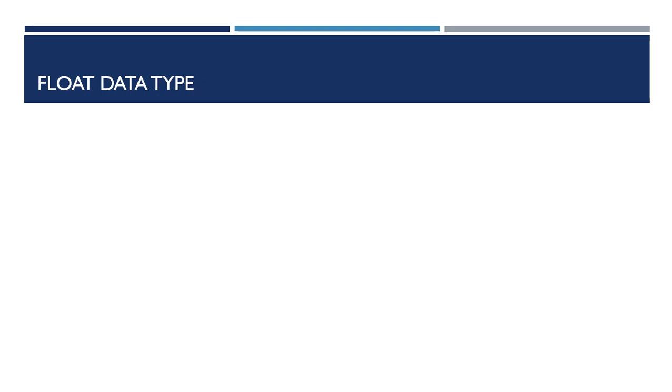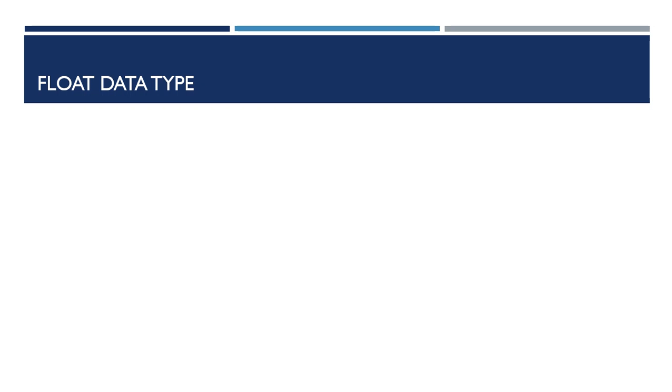If I want my program to deal with such values, we need a data type that is compatible with decimal numbers. The float data type is used to represent numbers with decimal points.